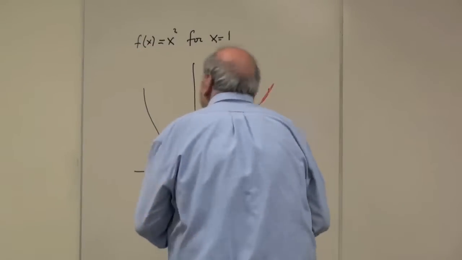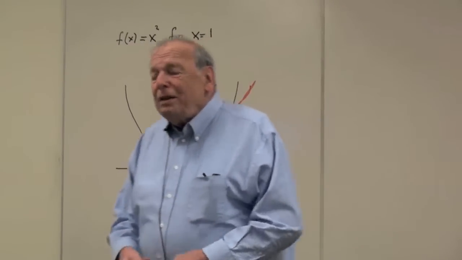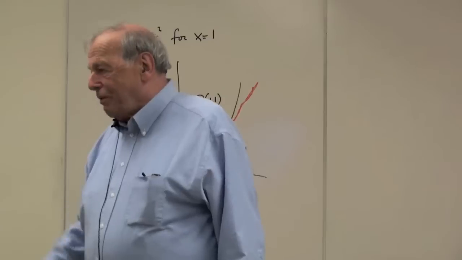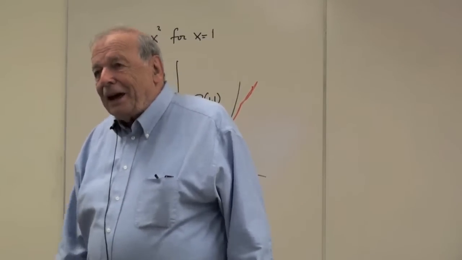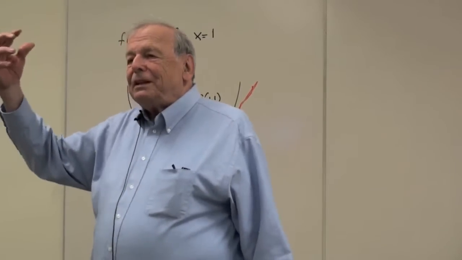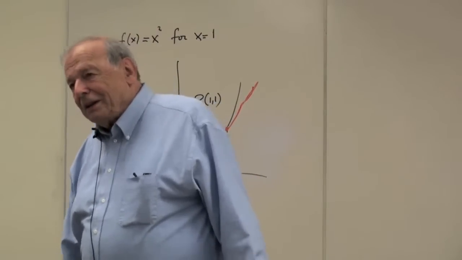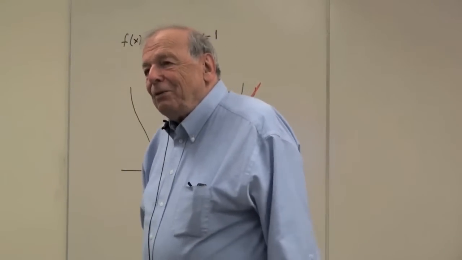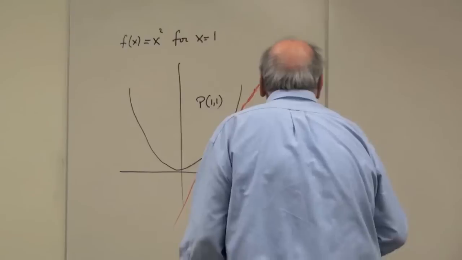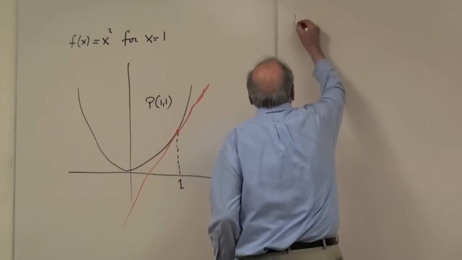And so I would like to think about, when I get the answer, what are some things that should be true of it? Like, could the answer be that the slope of this thing is -7? No, sir. No, it couldn't. So I would expect it to be what? Positive. This is my expectation, that f prime at 1 would be positive.